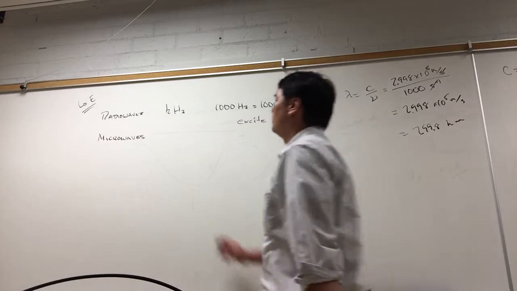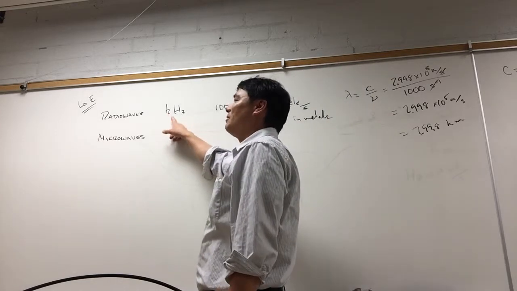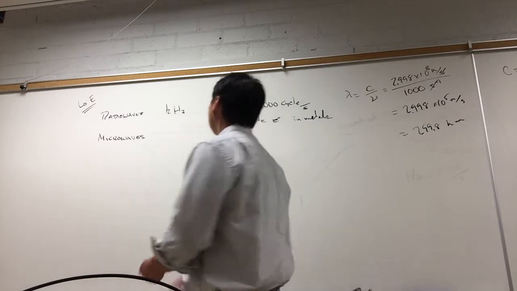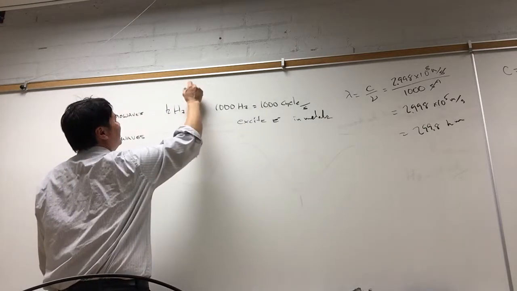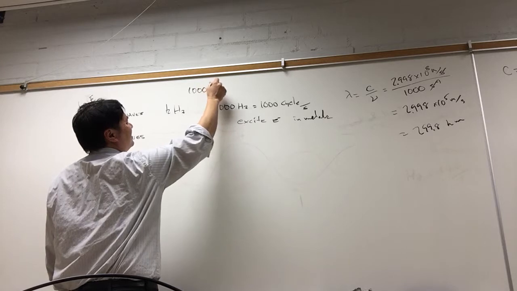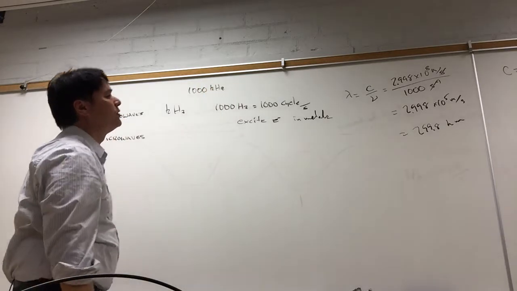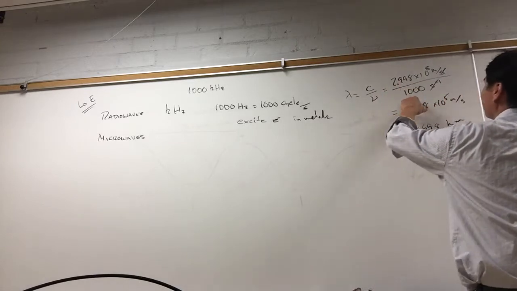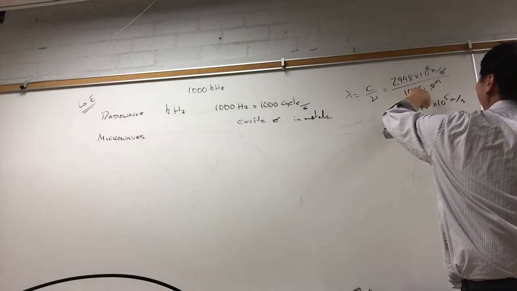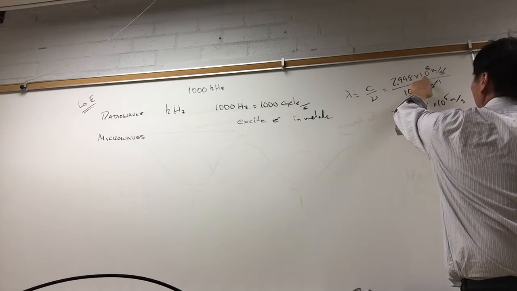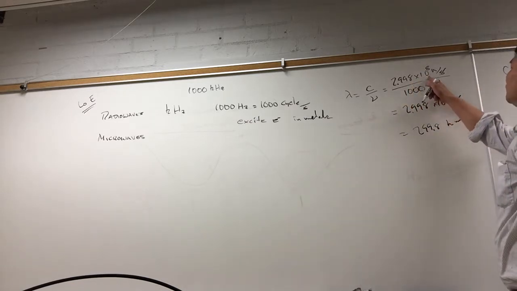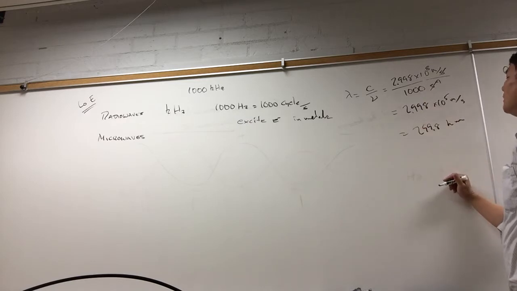And so if you're tuning in, say, AM 1040 or something like that, that's about 1,000 kilohertz, which means the wavelength would be about 0.2 kilometers, or 299 meters.